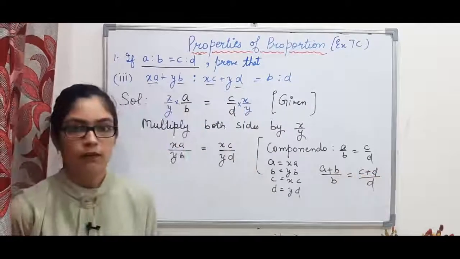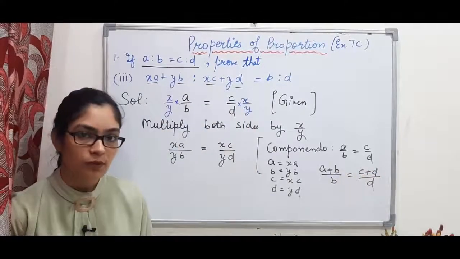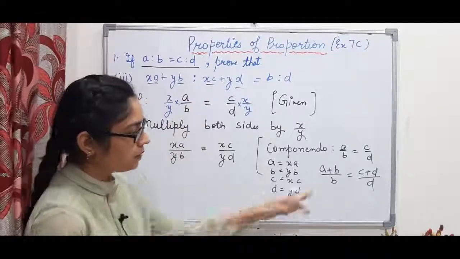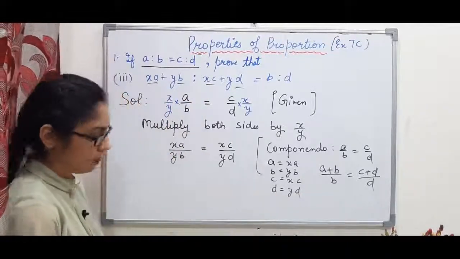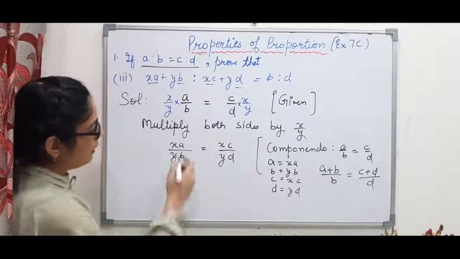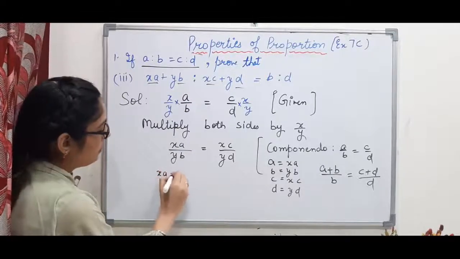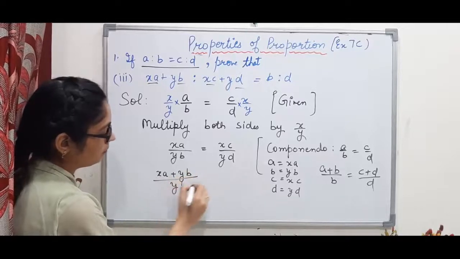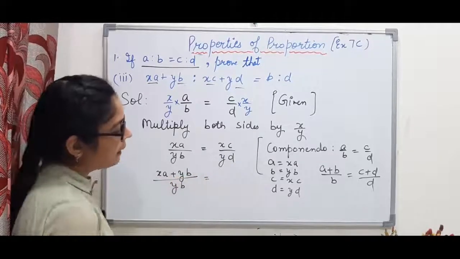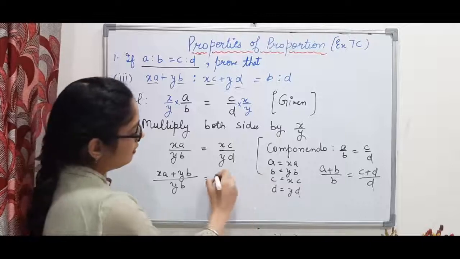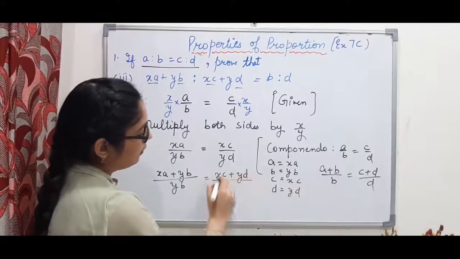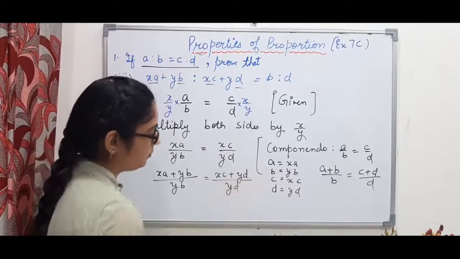This is according to componendo. We are making use of properties to prove the required things. Now this property we can apply: a plus b is xa plus yb upon yb, equal to xc plus yd upon yd.